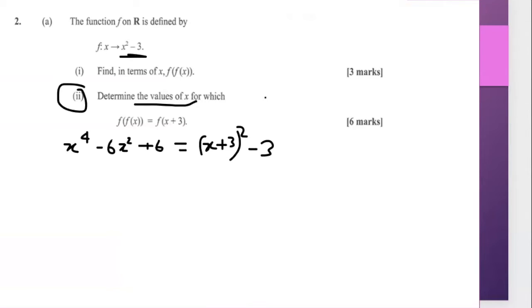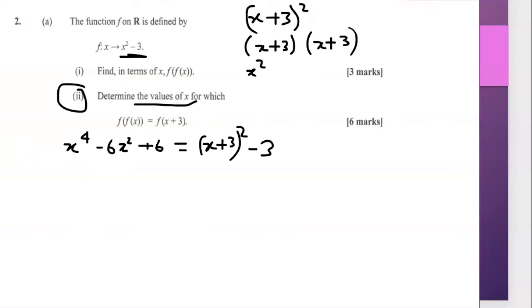Now x plus 3 all square, that is expansion I need to do. So x plus 3 all square is x plus 3 times x plus 3. So multiplying this, I am going to have x times x, that's x squared, x times 3, that's 3x, and 3 times x, that's 3x, and 3 times 3, that gives me 9.